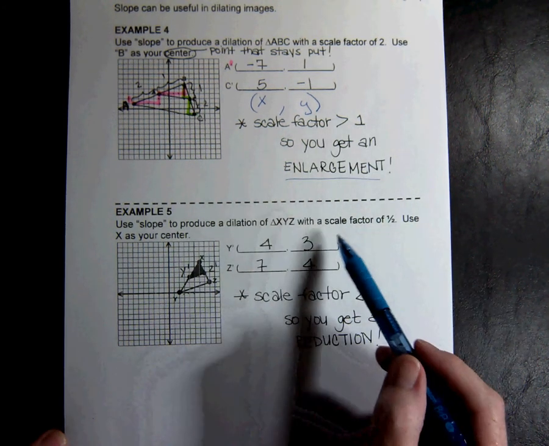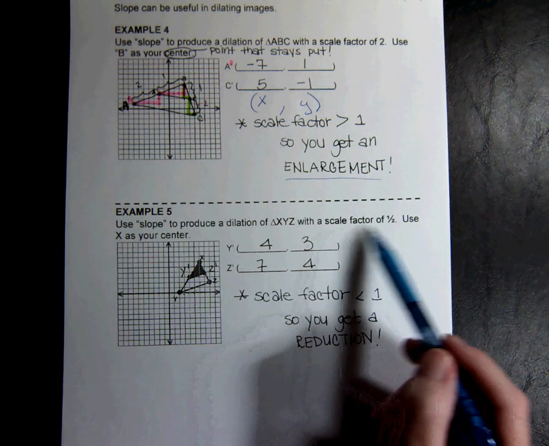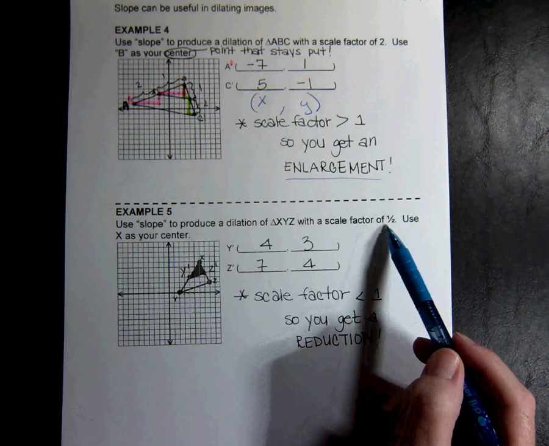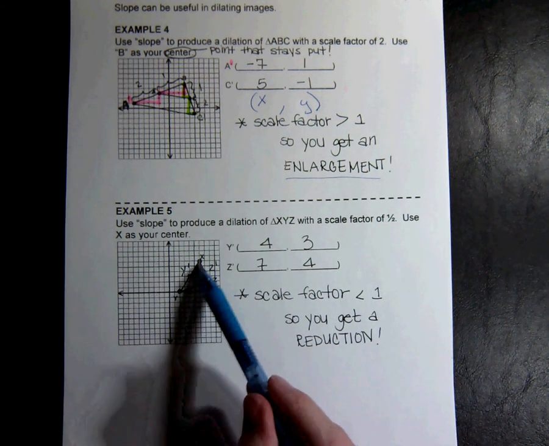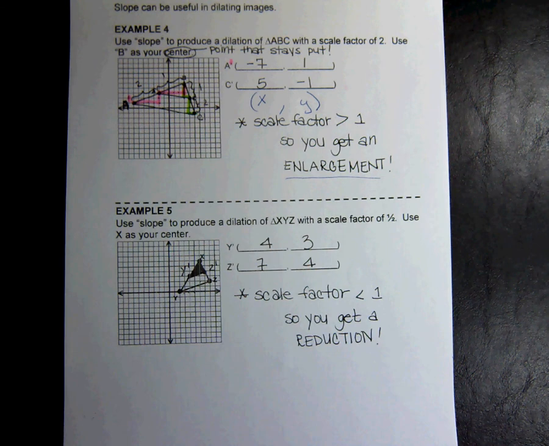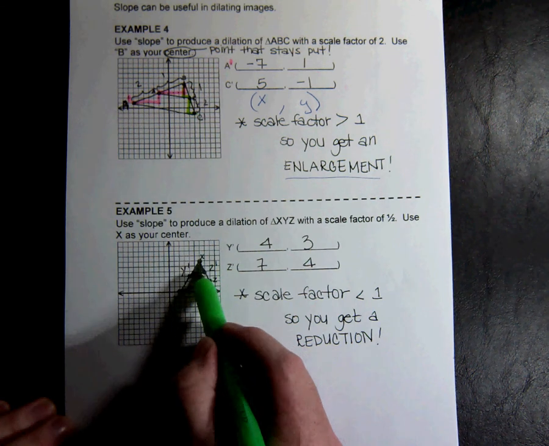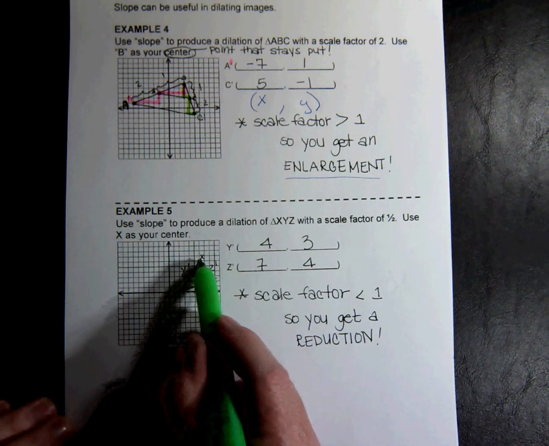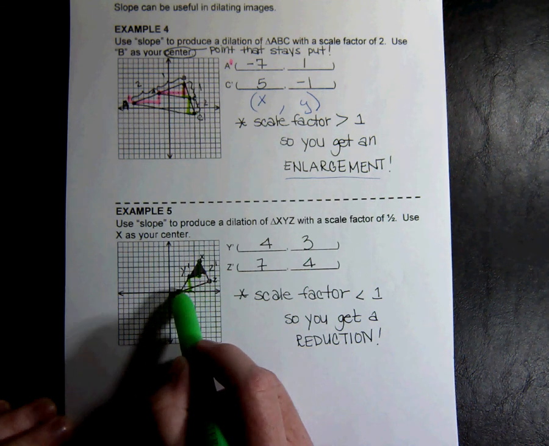But on example 5, they're wanting us to use slope to produce a dilation of XYZ half as big. So in the final product, we've highlighted it, shaded it to show that it's going to reduce by half. So if we started out from X to Y, I've walked down 3 and went over 2, so I'm going to go down 3 and over 2.